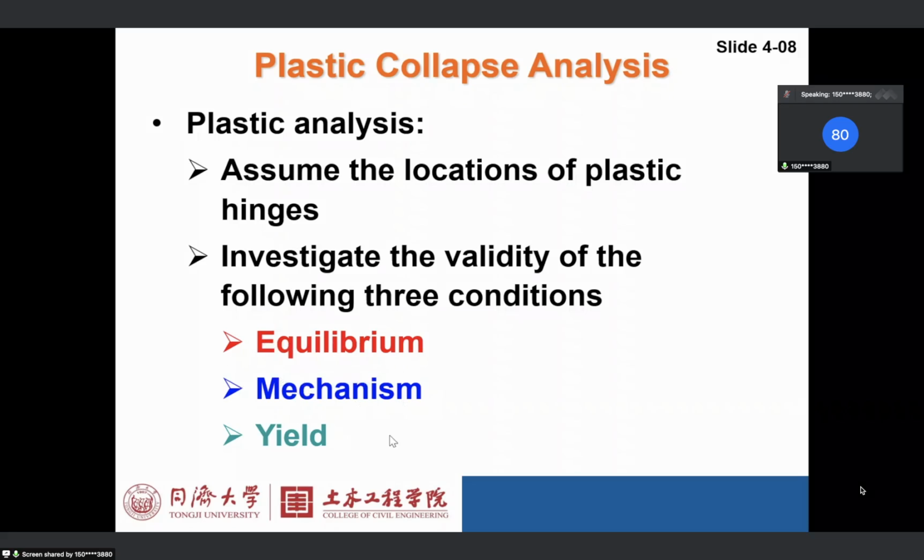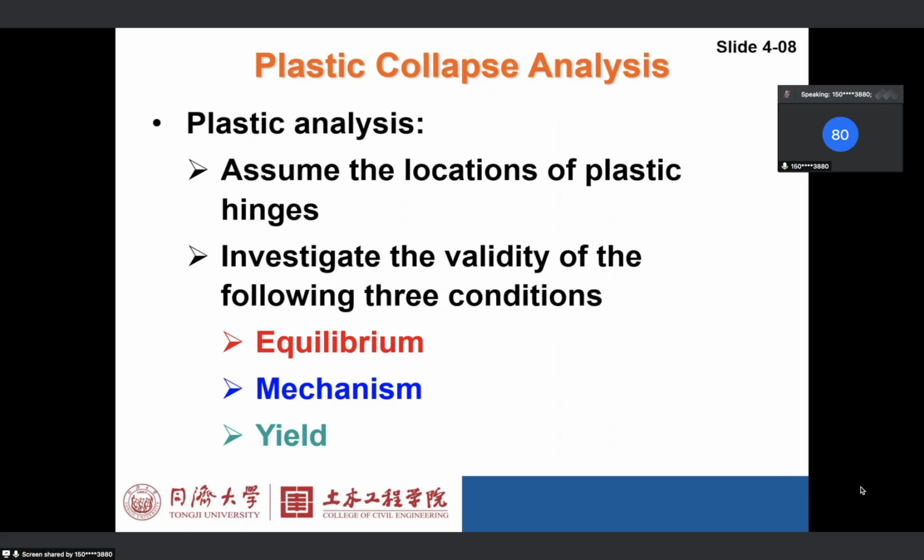The second condition, mechanism. Mechanism means you must have a sufficient number of plastic hinges to form a final mechanism to collapse, right? And third, the yield condition is if you draw a bending moment diagram based on the plastic hinges and equilibrium, this bending moment diagram should always be less than MPL, the plastic moment resistance of the cross section.